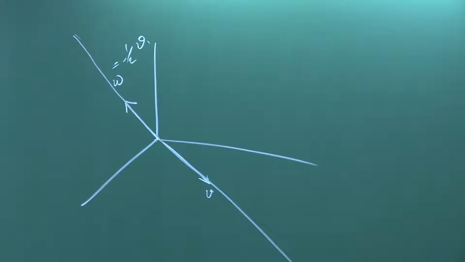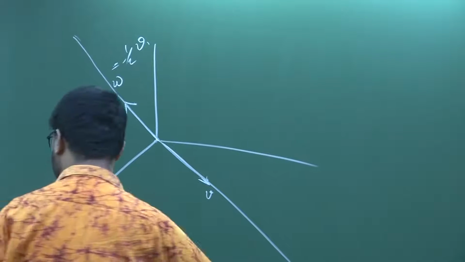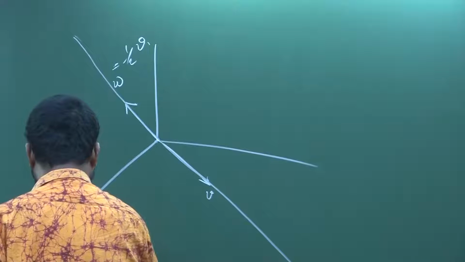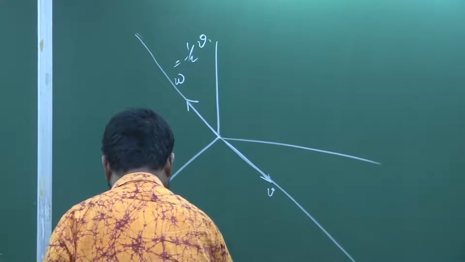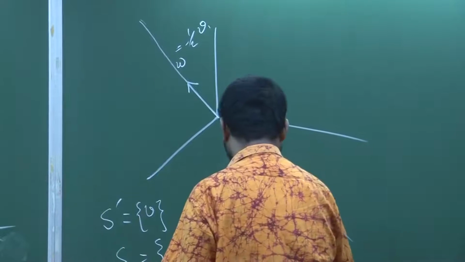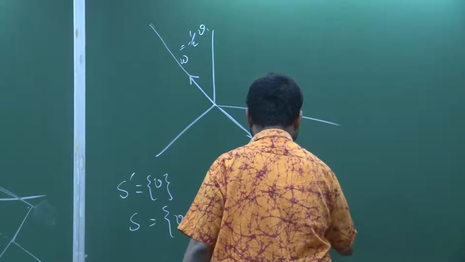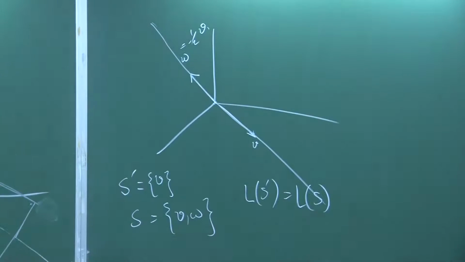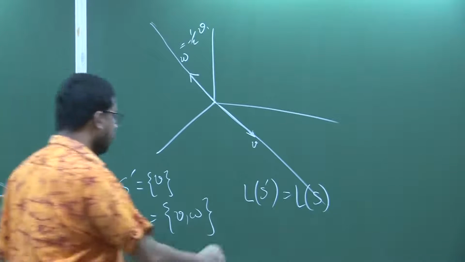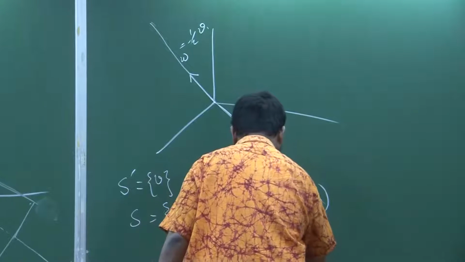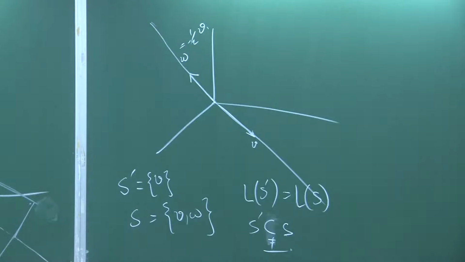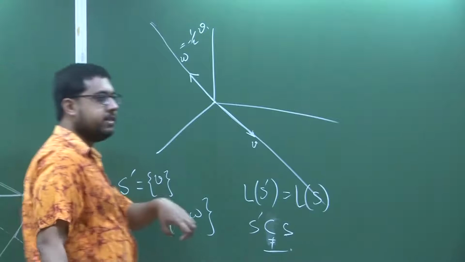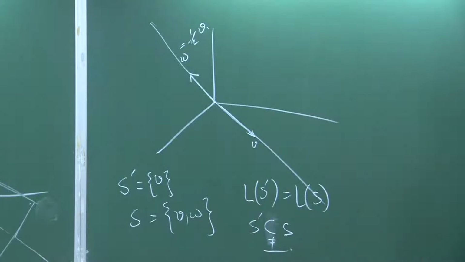Let us again focus on this case. So, what is the situation? Let us call it S prime, where S is {V, W}. We see that L(S prime) equals L(S), where S prime is a proper subset of S. So, given S, it might admit a proper subset S prime which also gives rise to the same span.